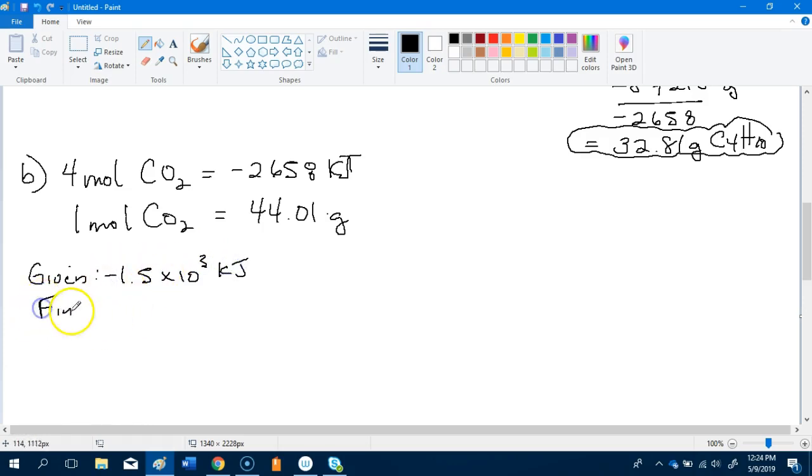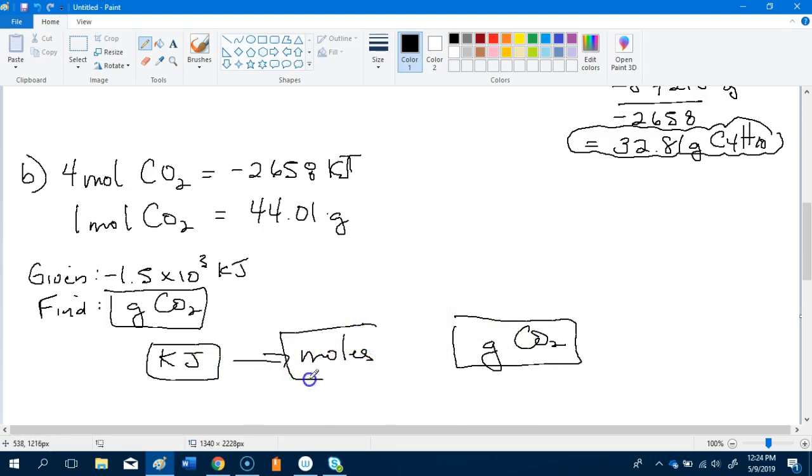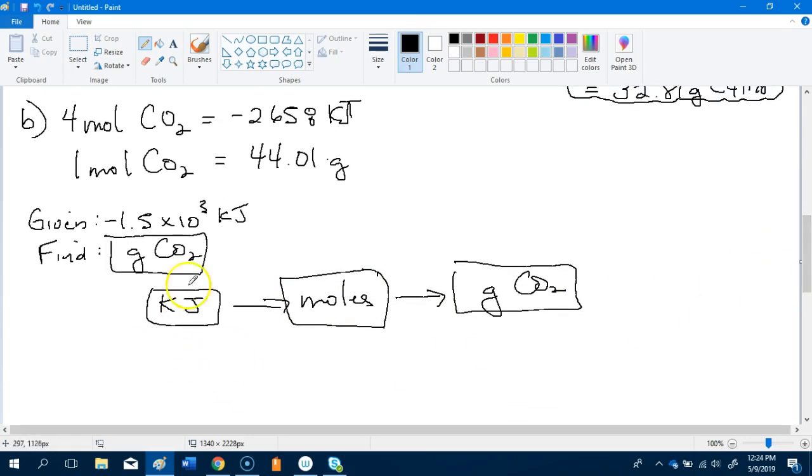I'm trying to find the grams of CO2 that are produced. So that means I'm going to go from my kilojoules to find out my grams of CO2, but it means I have to find my moles first. And then I'll get my grams. So those are the steps that I'm going to do.